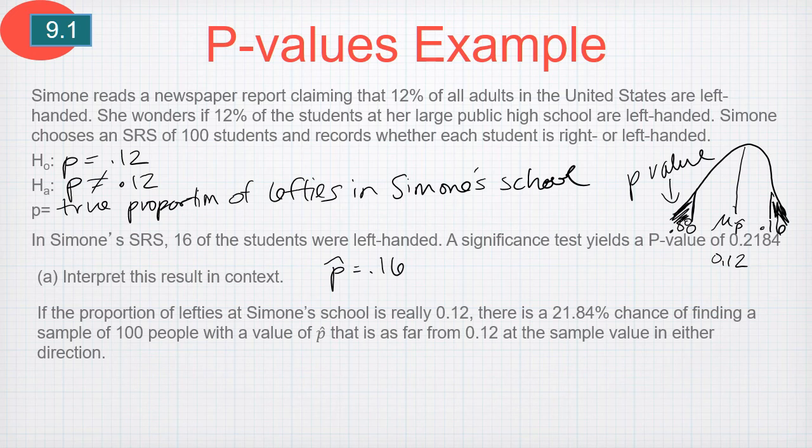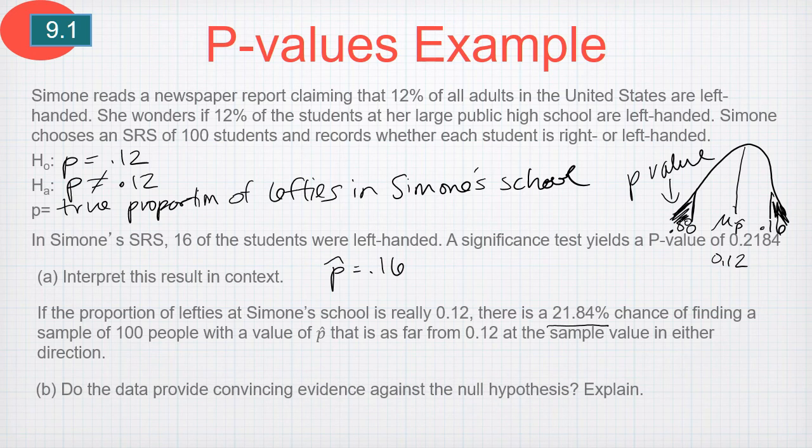Okay, so basically it means there's a 21.84% chance that you could actually find this p-hat value, assuming that the null was in fact true. So 21% chance, that's fairly high. So does the data provide convincing evidence against the null hypothesis? Explain.